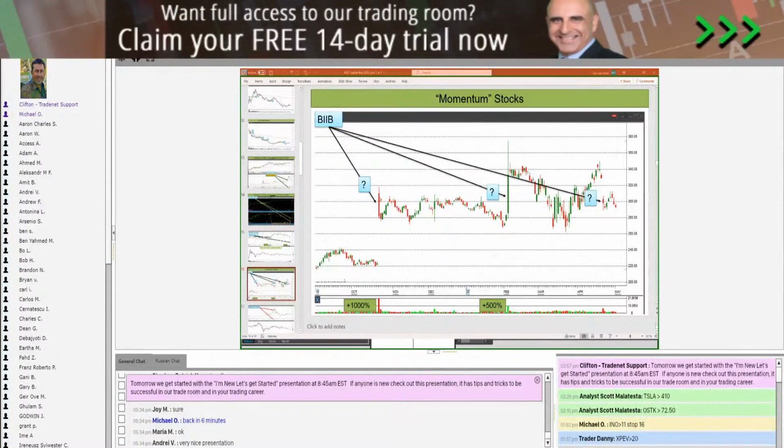So if an institutional trader is sitting with millions of dollars in BIIB, he'd better have a good reason why he's spending millions of dollars in a position in BIIB, and the stock moves sideways for nearly 7 months, from October until May 2020.